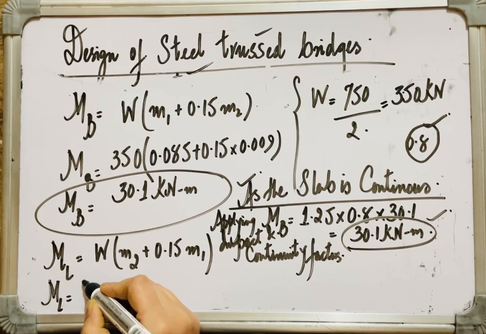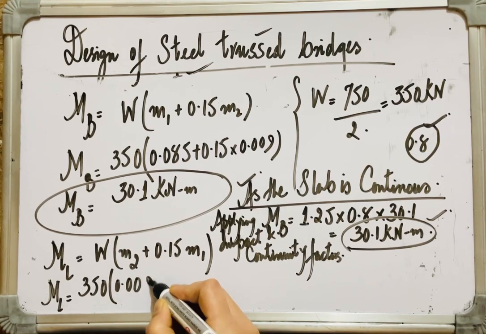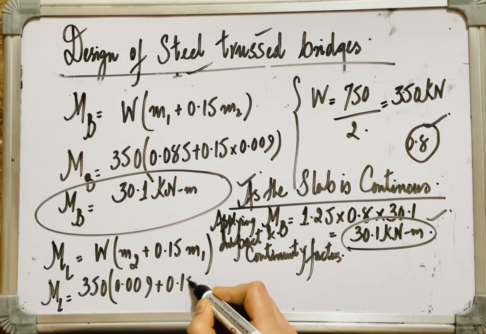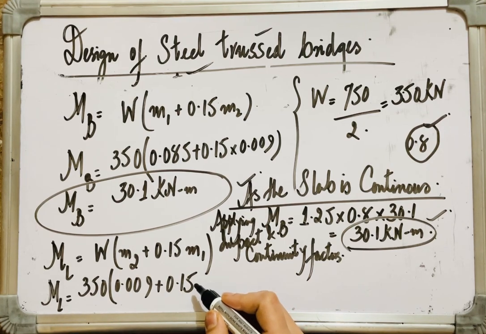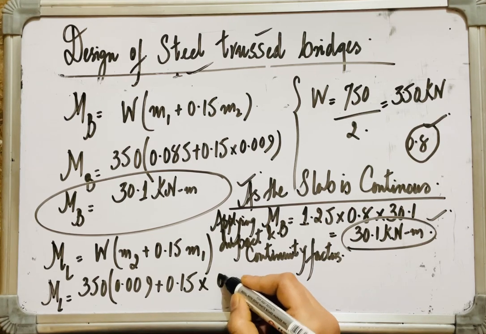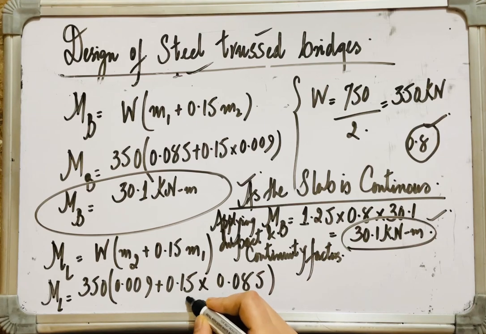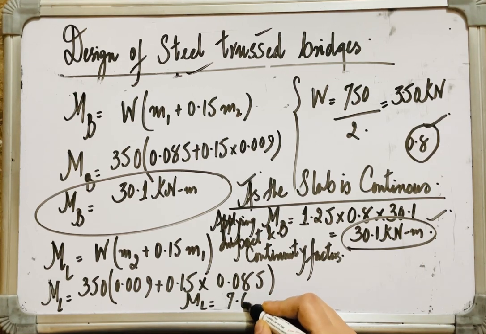All right, bending moment along long span, ML. How much is my W? It's 350 times (M2, 0.009 plus 0.15 times M1), where 0.15 is the Poisson's ratio, and M1 is how much? It is 0.085. By calculations, my ML, that is my bending moment along the longer span, is equal to 7.61 kilonewton meter.